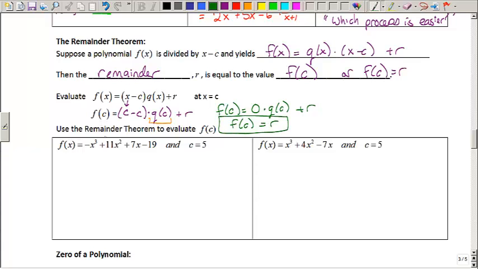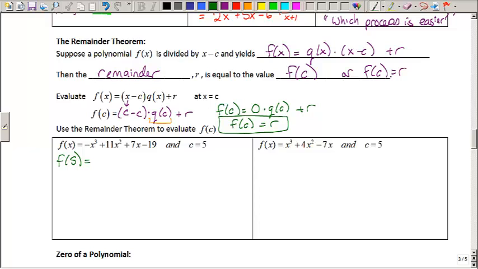So let's use the remainder theorem to evaluate f of c. I have f of x equal to this very long polynomial, and I'm trying to evaluate it at f of 5. Now, I could plug in 5 for every single one of these values. I might want to get out a calculator because it's going to be quite large. -5 cubed and 5 squared times 11 is just something I'm not going to want to do in my head.